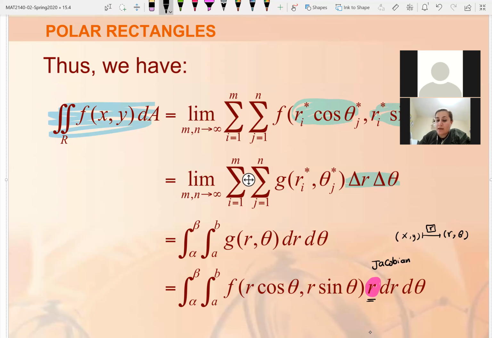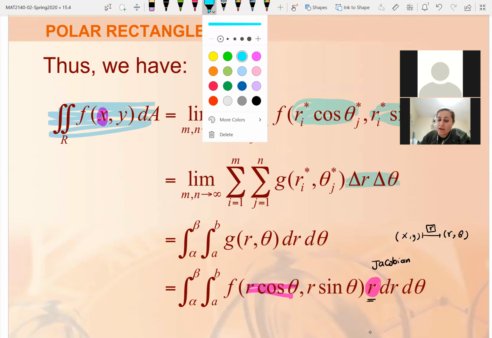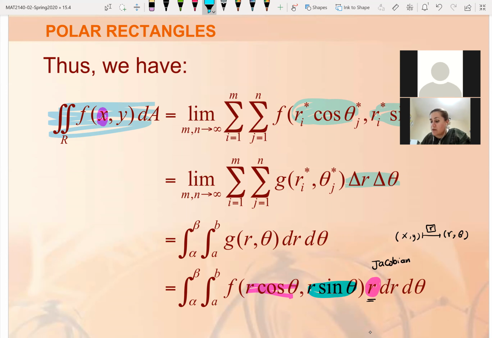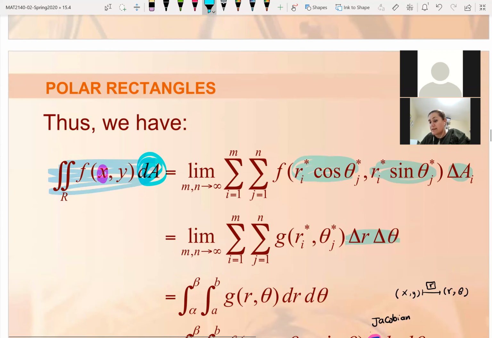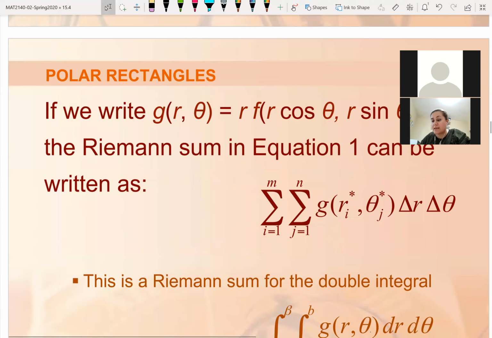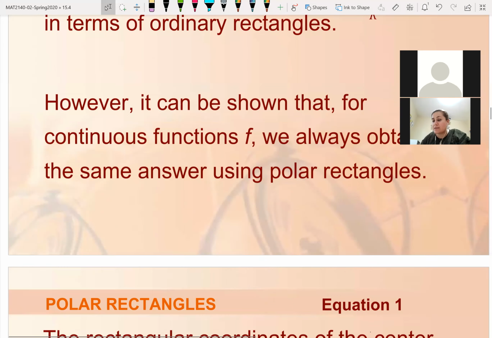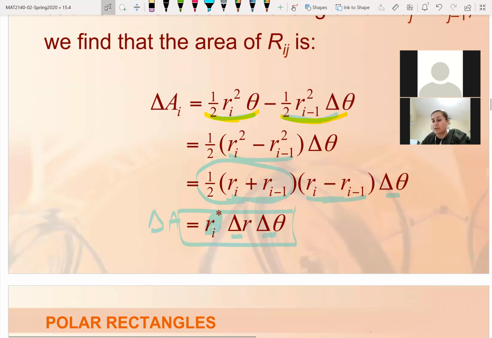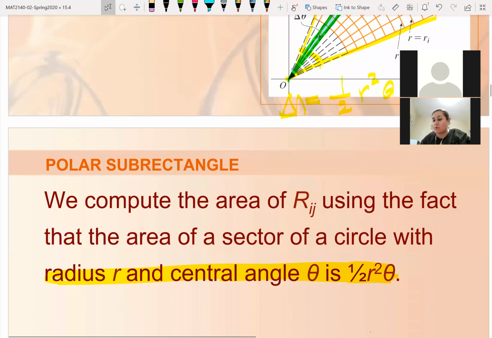When I'm moving from rectangular to polar coordinates, x must be written in terms of r cosine and y in terms of r sine. And if I want to write dx dy, I can't directly write dr d theta. I have to write the extra factor r dr d theta. So one more time, the reason that extra factor of r is here is because of what is in the pieces of your polar region.